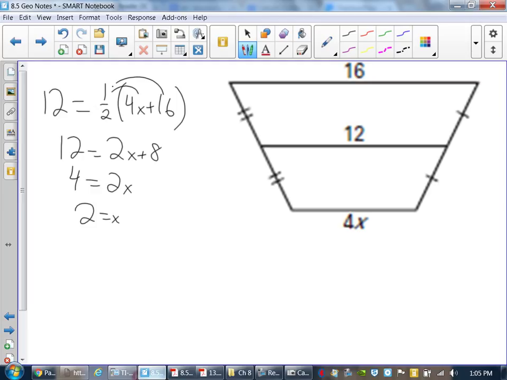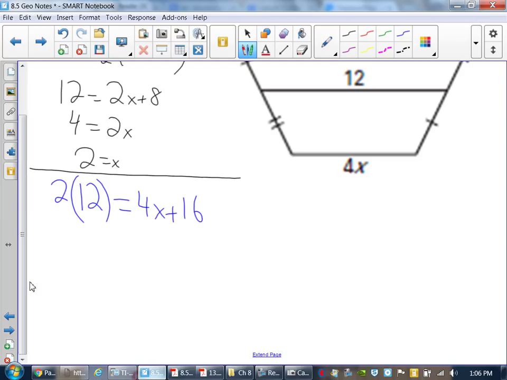Not too bad, right? If you did not want to use the fraction piece, you would write it out differently. If I take my mid-segment and double it, it has to equal the sum of the two bases. What's 2 times 12?